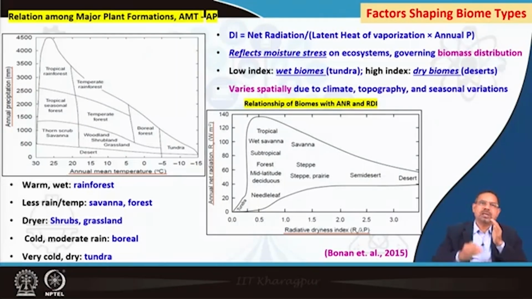If there is a little more availability of precipitation, between say 1300 to about 2500 or 2600 millimeter, then we have tropical seasonal forest, and beyond that, if more precipitation is available within this temperature range, then we have tropical rainforest. So, this is a good correlation and classification taking two main variables which represent the climate, temperature and precipitation.